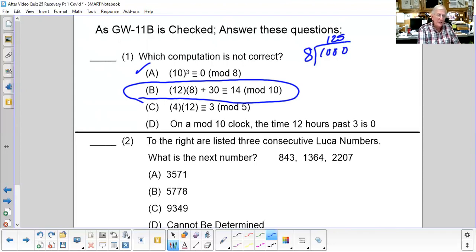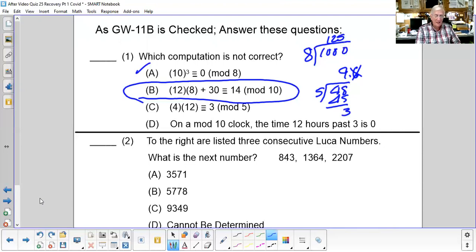It's 48. I want to change 48 to a mod 5 number. If I take 48 and divide it by 5, I obtain 9.6. So I use a 9, throw the decimal away, 45, the answer is 3. That answer appears to be correct.